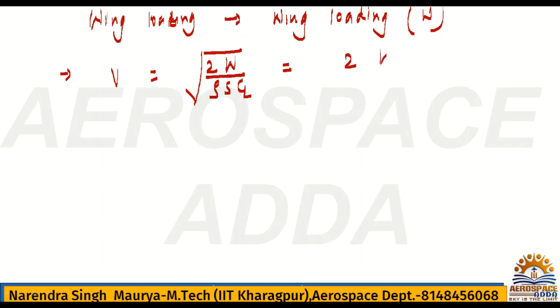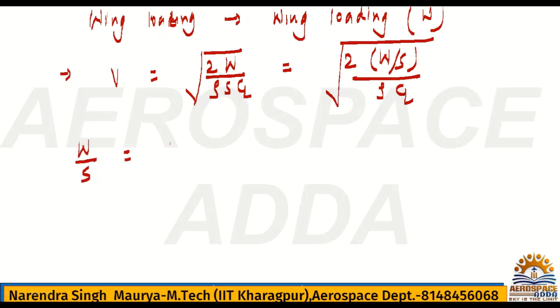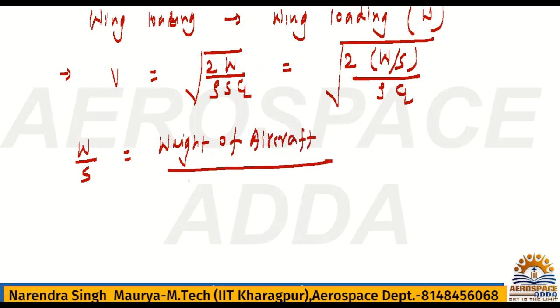Now in this you can write W by S. What is W by S? Weight of the aircraft divided by the wing area. W by S is denoted by small w, called wing loading.